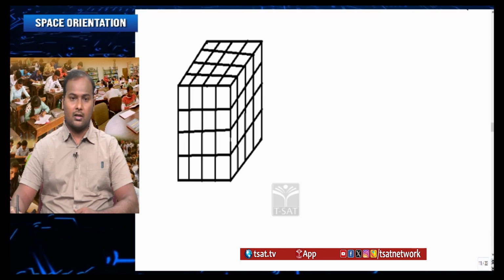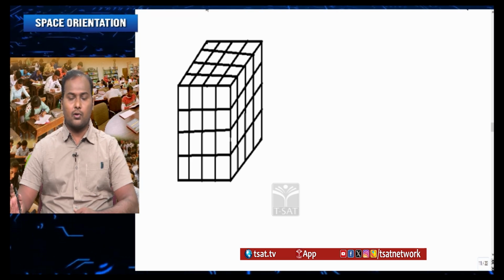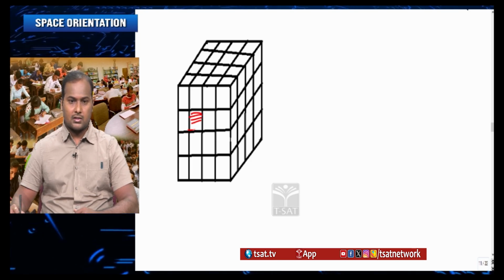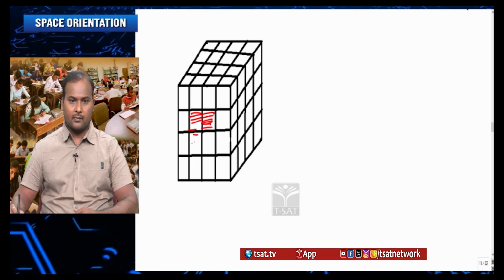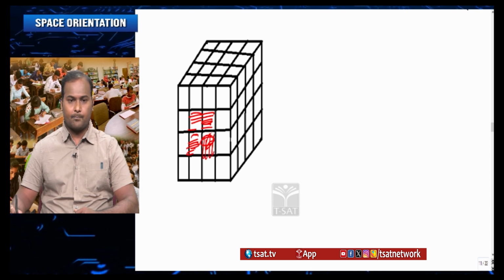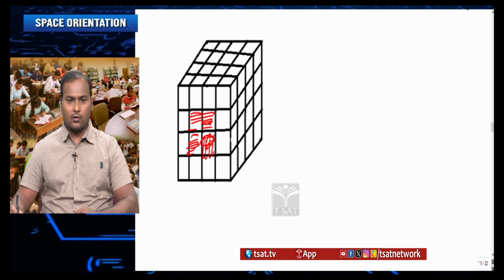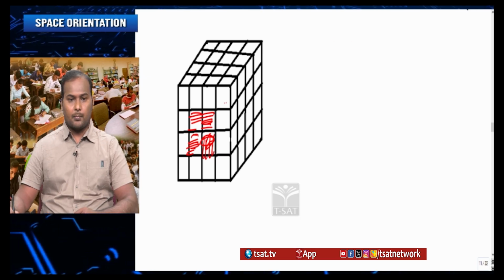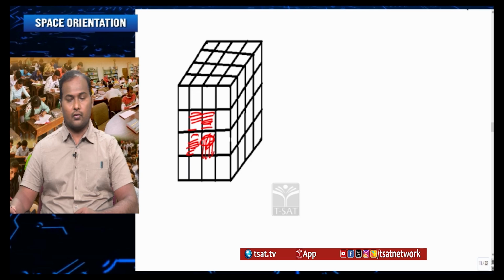The first question, how many small cubes with only one side paint? I already said that one side paint is possible only in the center. See here, this is one side paint, this cube is also one side paint, this one also, and this one also. So all these four are present in the center. Per face, 4 are there.